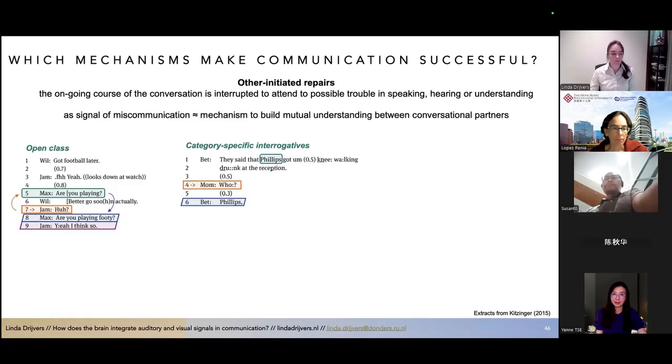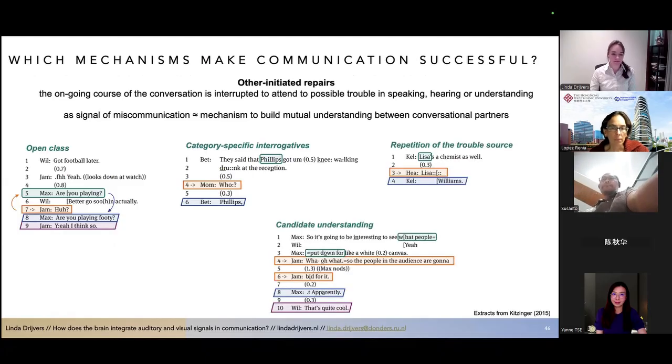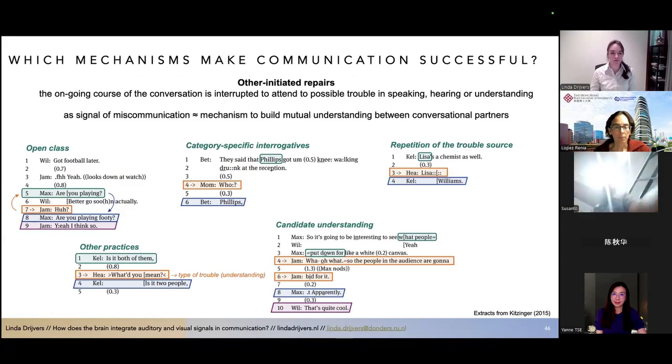Now, this was one example of a repair, but they come in many different shapes and forms. So here I've plotted a few other examples as well. So it's not just not hearing someone, but it can also be a bit more specific. And we decided to group all of these different things together.